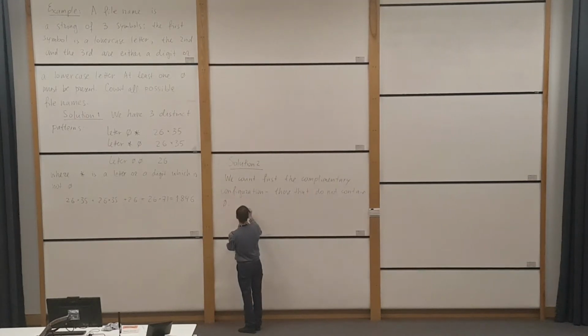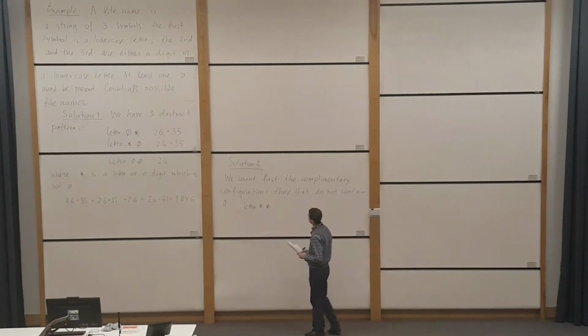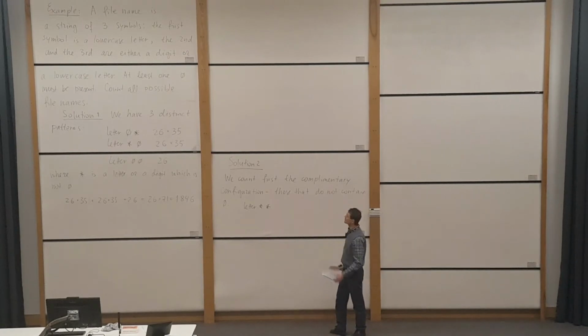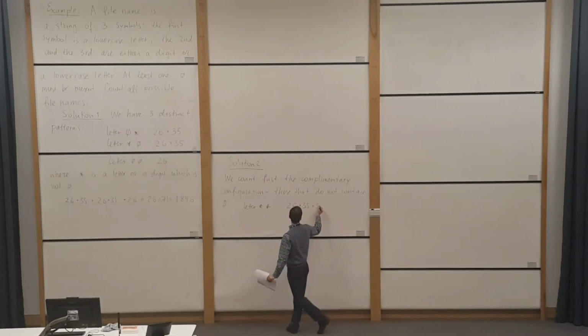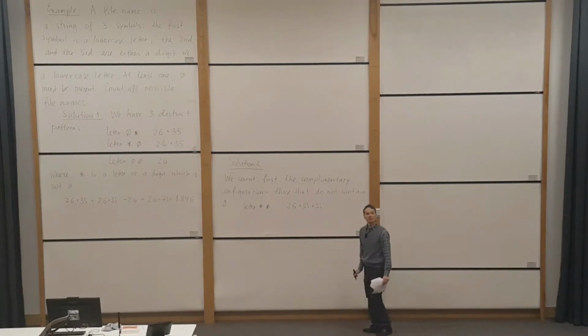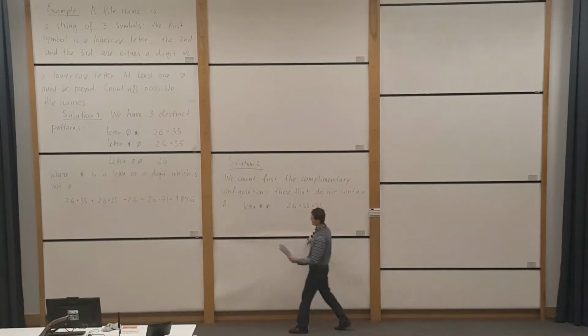So they will look like letter and then followed by star star. All right, star stands for anything letter or digit which is not 0, and then this gives us 26 times 35 times 35 different file names.